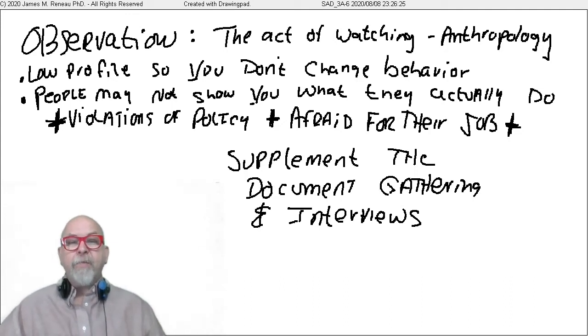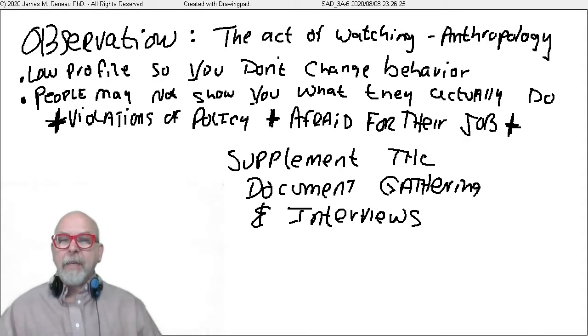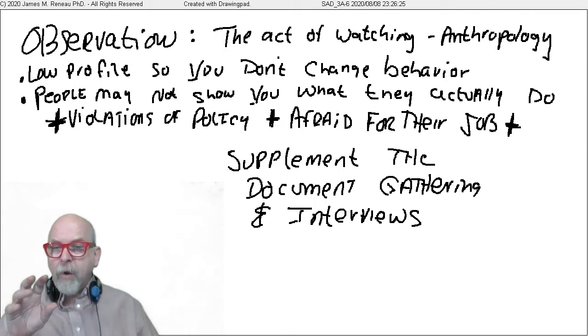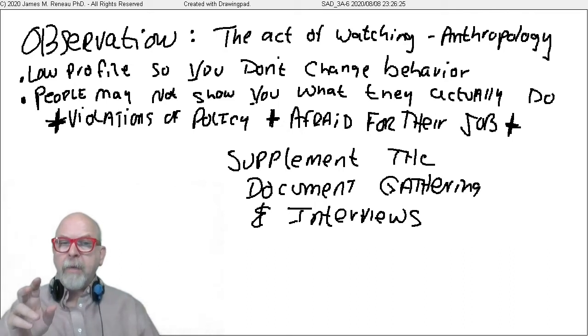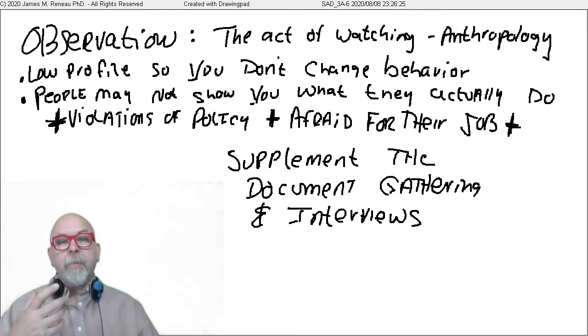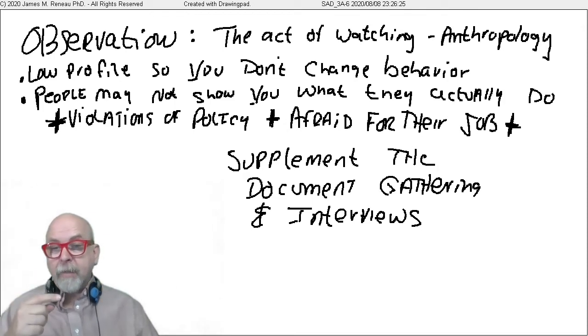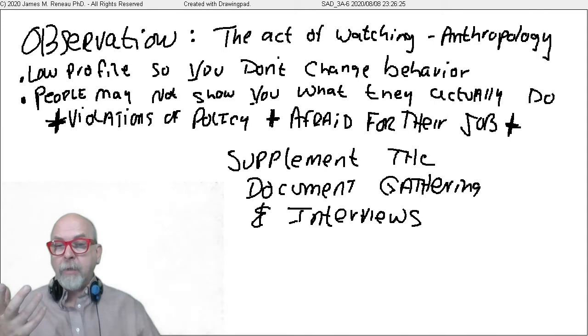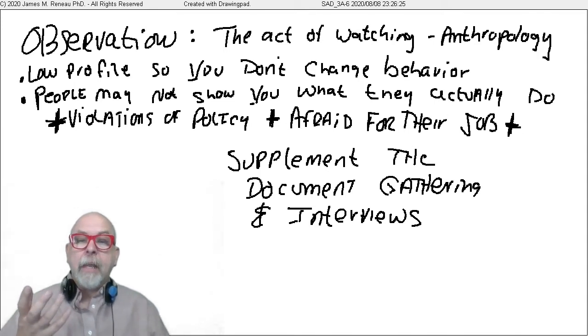Are they going to be afraid for their job? So by watching, you're actually changing how people react. This is a great way, though, to supplement the document gathering, and we'll talk about that in a future slide, and interviews and the data and the information you've collected through an interview.